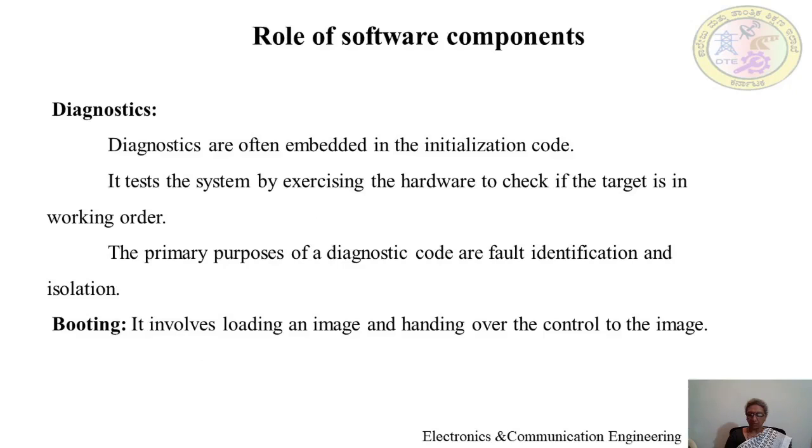Once it is booted, the system hands over the control by modifying the program counter to point to the start of the image. That is, the control is transferred to the image.